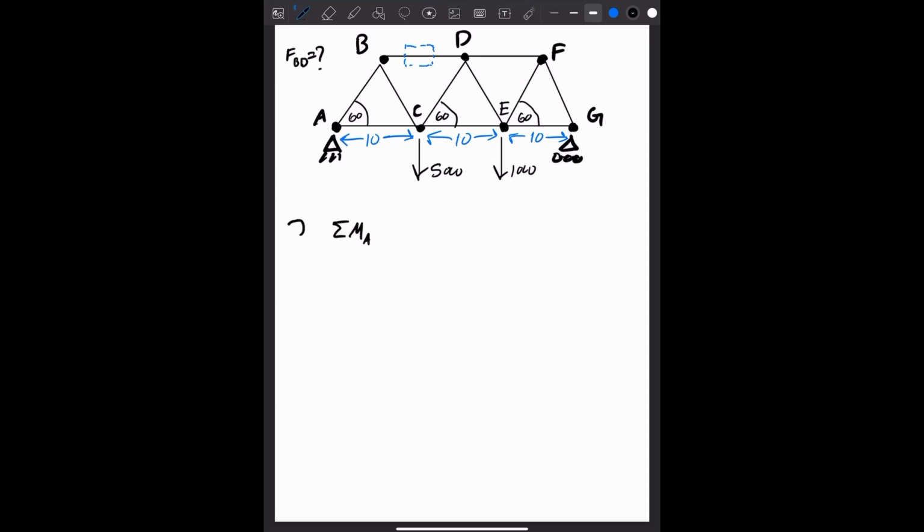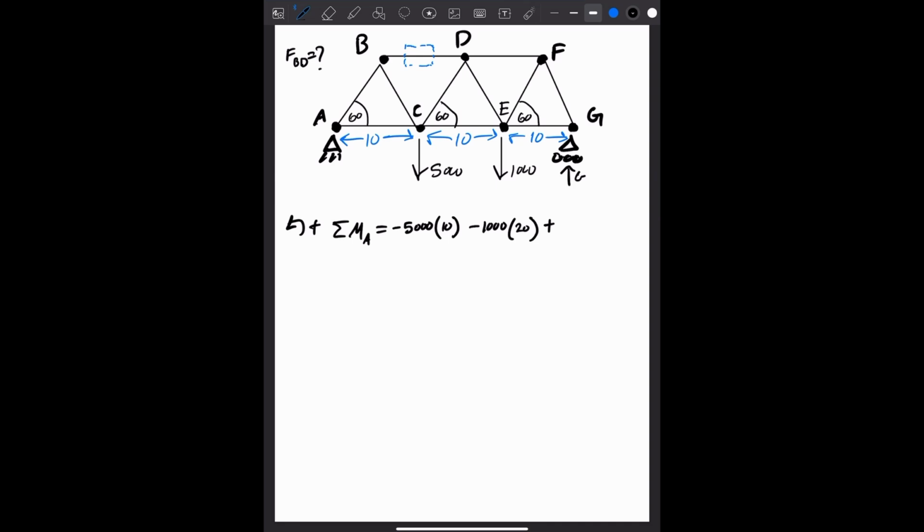We're going to say that counterclockwise is a positive direction. So we have the first force, which is 5,000. It's negative, and let's multiply that by the distance, which is 10. We have the next force, which is 1,000, again negative, times the distance, which is 20. And then the last force we have is a positive one. It would be GY.